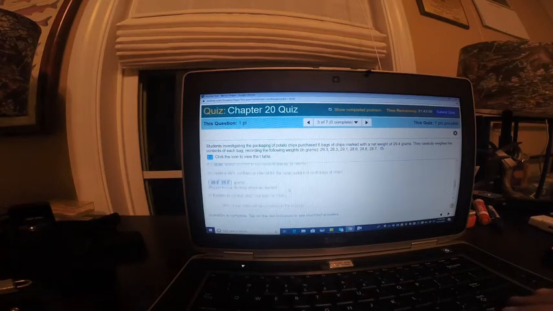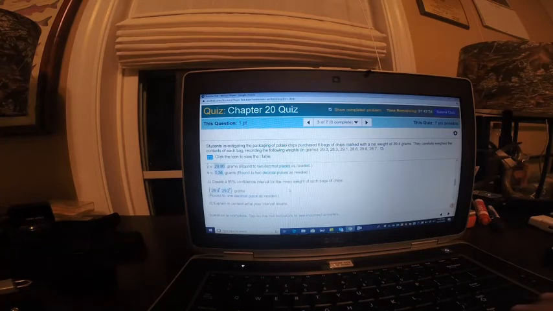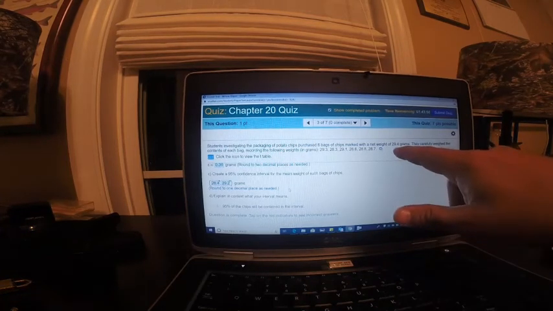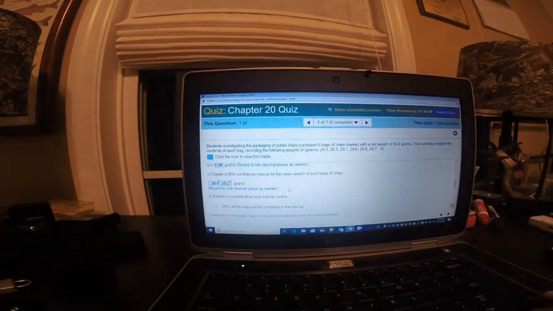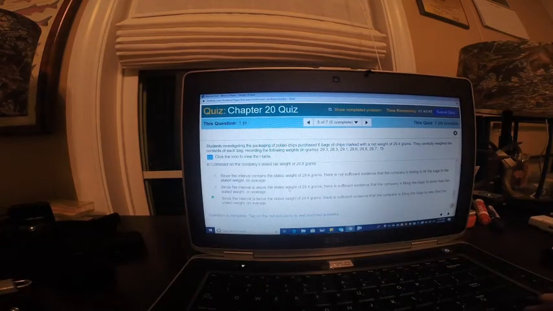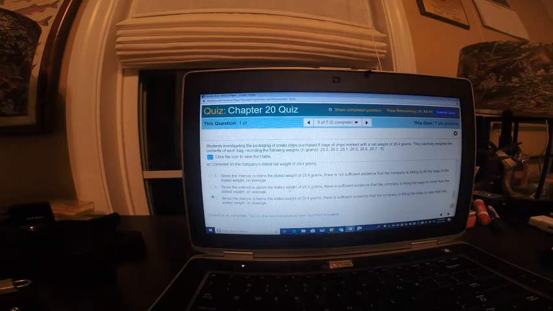So before we even look at the answer choices, they said it's supposed to be a net weight of 29.4 grams. 29.4 grams doesn't fall in our confidence interval, right? Therefore, we believe that they're wrong. So since the interval is below the stated weight of 29.4 grams, there's sufficient evidence to suggest that the company is filling the bags to less than the stated weight on average. And there you go. That is the answer to the third one here.